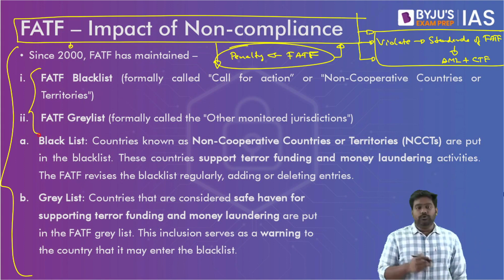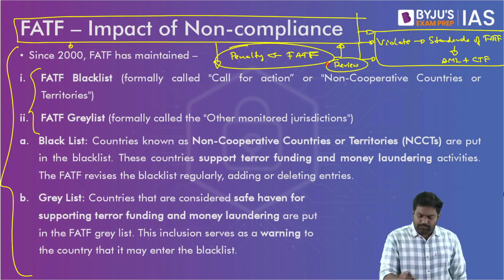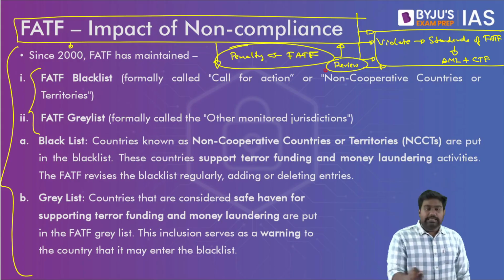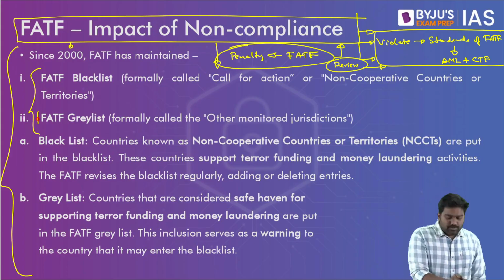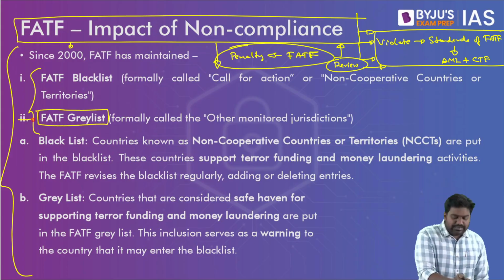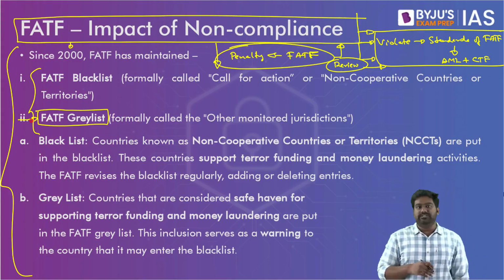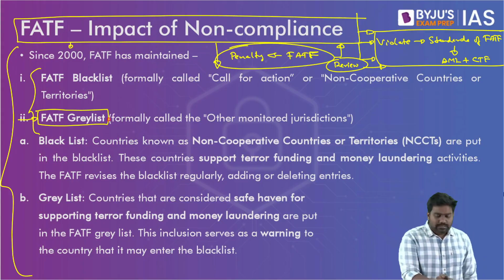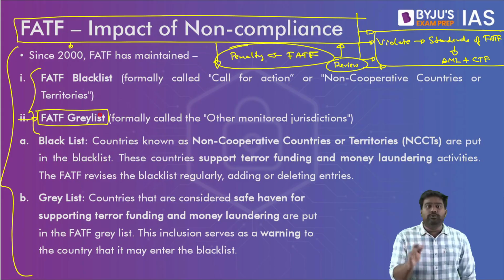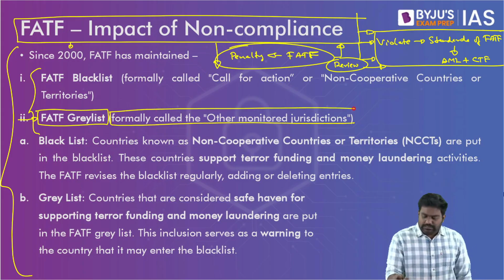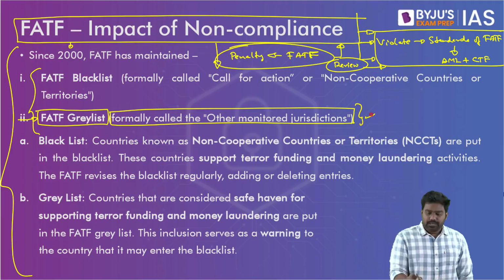FATF, as I told you, has the powers to review the progress of countries, and if there are violations, it can warn those countries by placing them on the gray list. If a country is deliberately not following the standards despite repeated warnings, it can give them a final notice by putting them on the gray list, which is known as other monitored jurisdictions. They will come under enhanced monitoring of FATF.